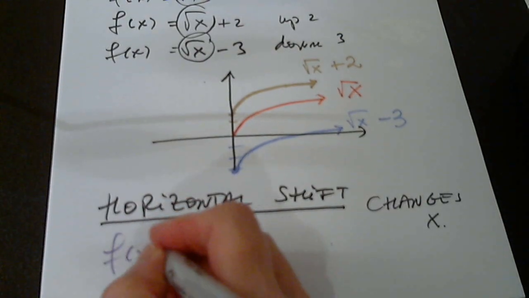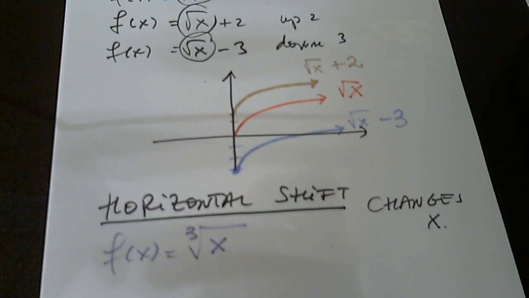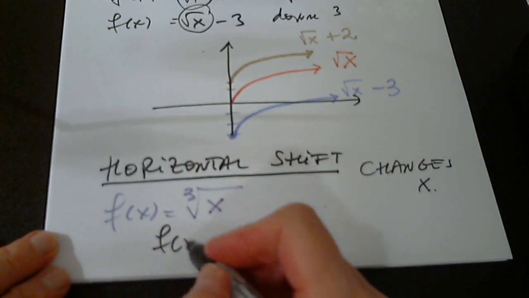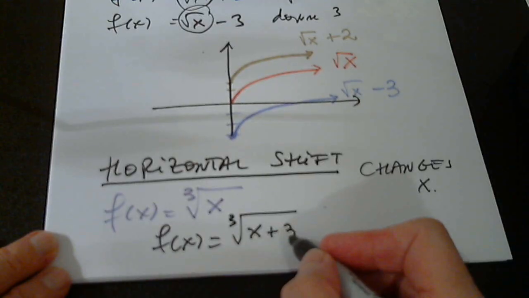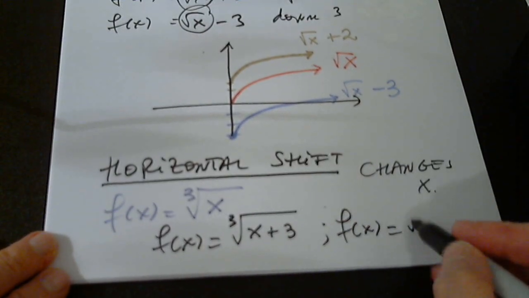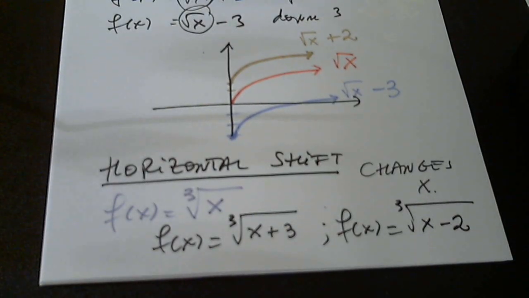So we have the base function, the cube root of x. Notice now that x changes. So f of x equals the cube root of x plus 3. And the other one, f of x, the cube root of x minus 2, as examples.